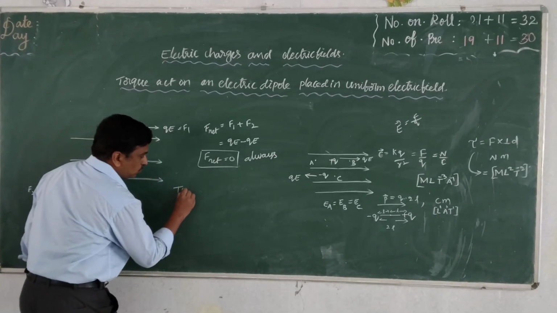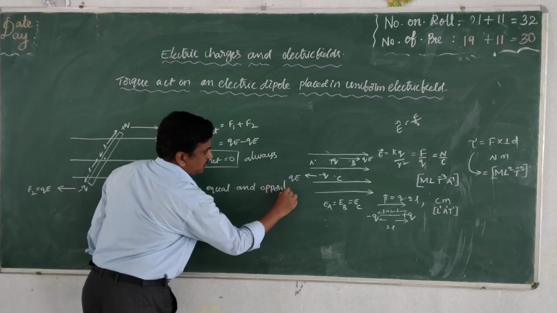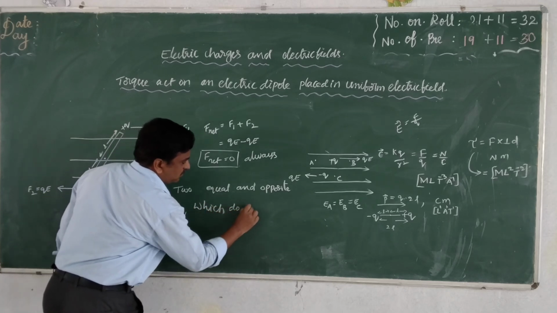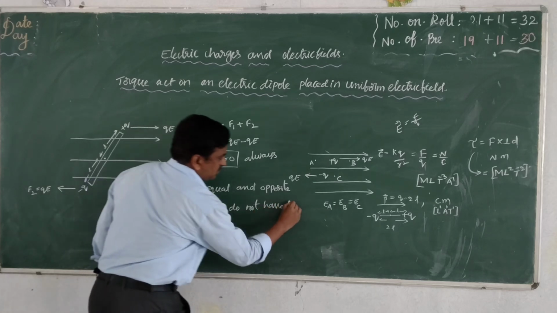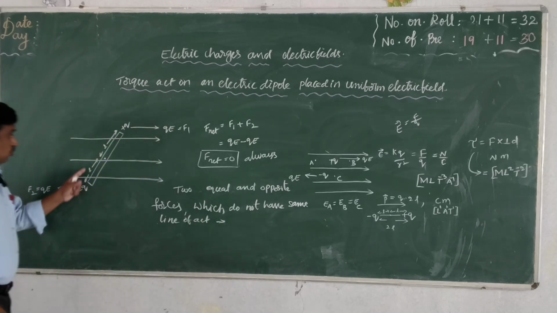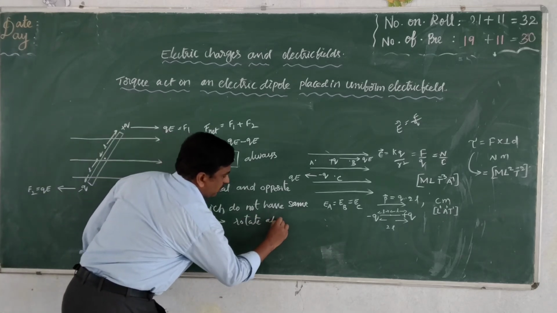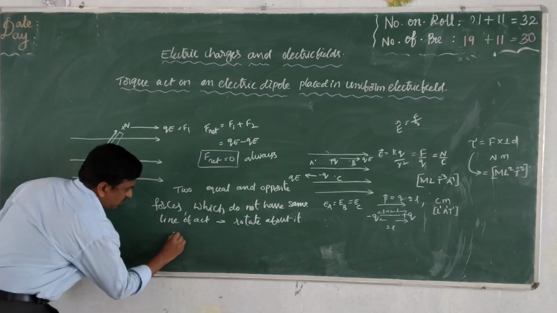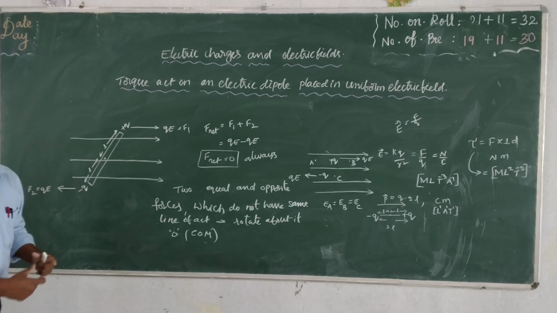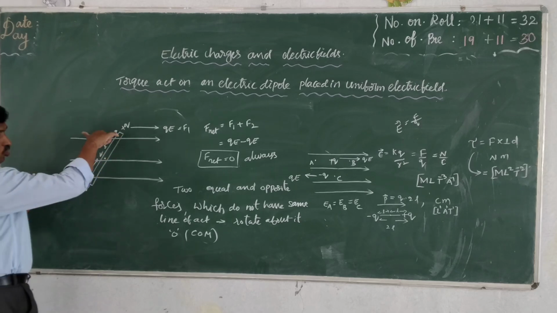So two equal and opposite forces which do not have the same line of action make the body rotate about its center of mass at O. This object has a spinning motion because the forces do not act along the same line of action.